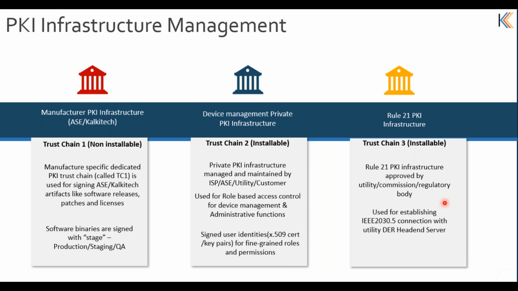So if you have your own PKI, you can import it into the device, into the software, and that PKI can also be used to establish the IEEE 2030.5 connection or the DNP3 connection as well. So these are the 3 levels of PKI infrastructure supported by the product.